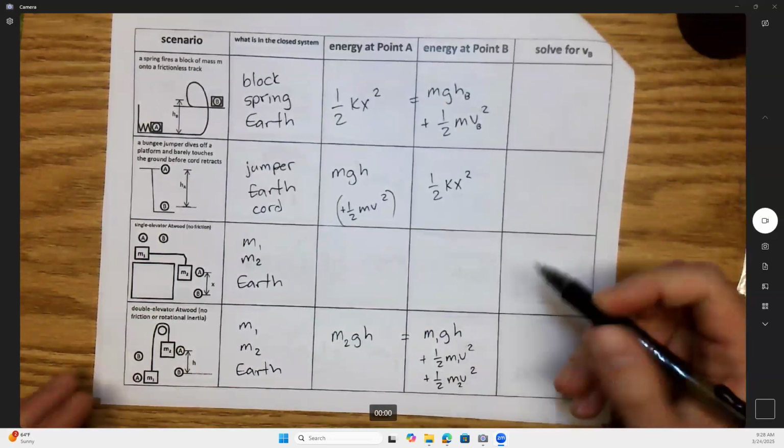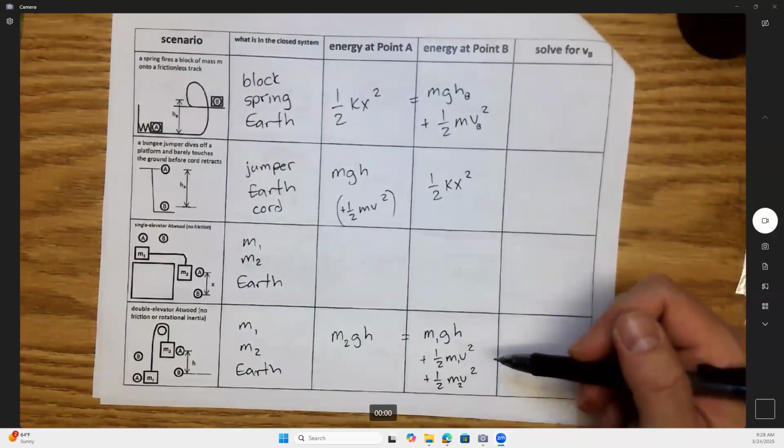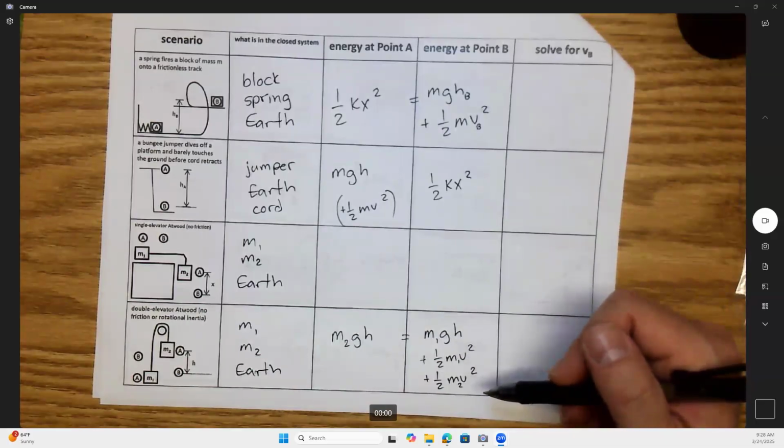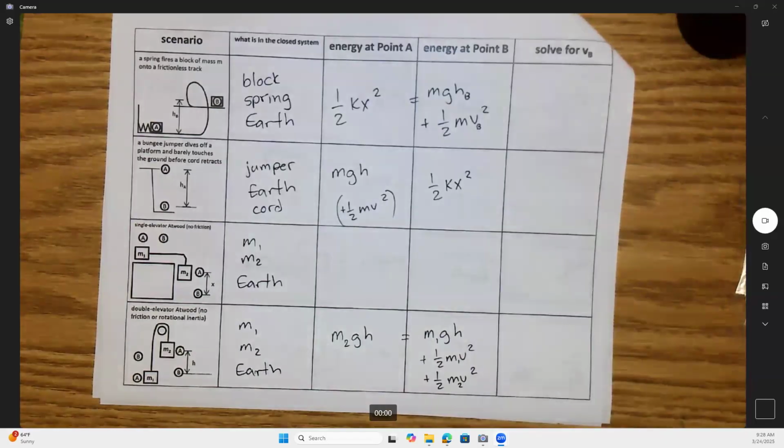Now, wait a minute, one block is going up and one's going down. So are these both plus? They're both plus. Because energy is a what? A vector or a scalar? It's a scalar. It doesn't matter the direction of motion of these blocks for this particular technique.